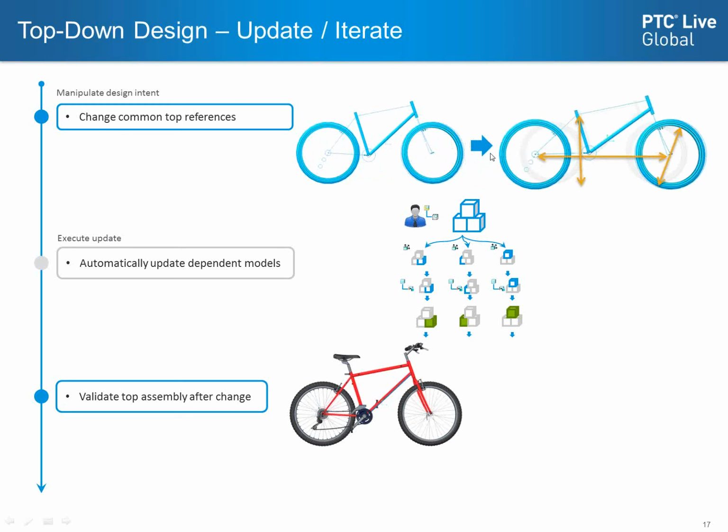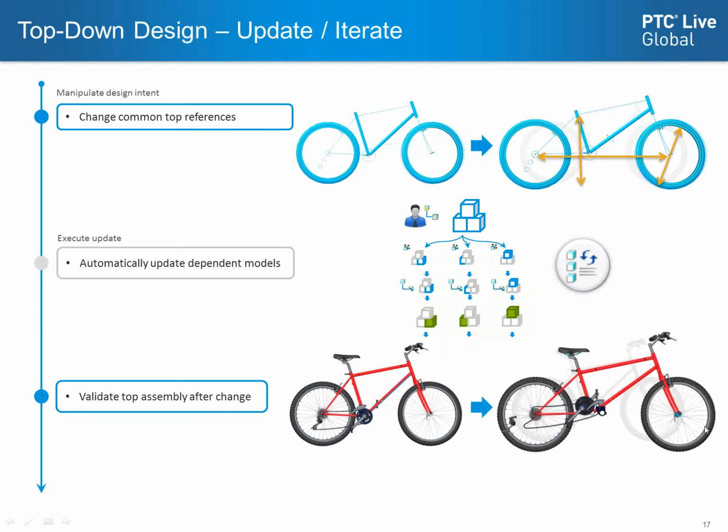I can do it quickly once in the skeleton and regenerate the entire system, and everything will update to the new dimensions because every design here is basically associated with the outlines that came from the skeleton. And that's why top-down design allows you to very easily and very quickly not just design concurrently a large assembly, but also populate very large design changes very quickly.